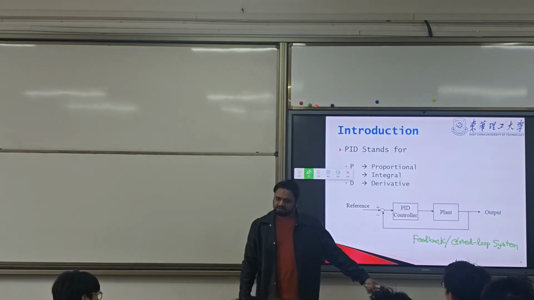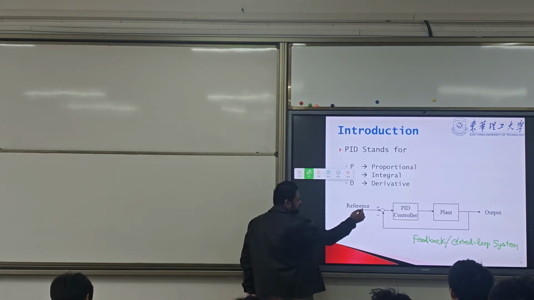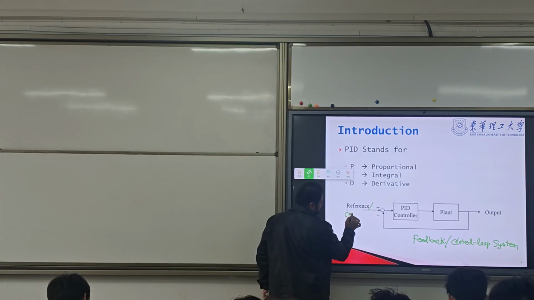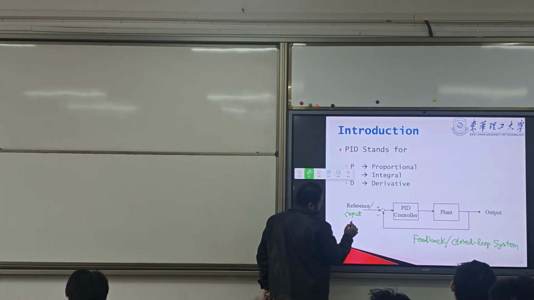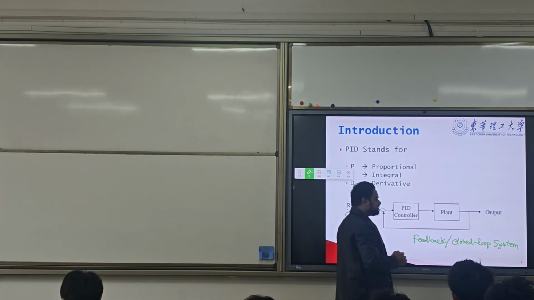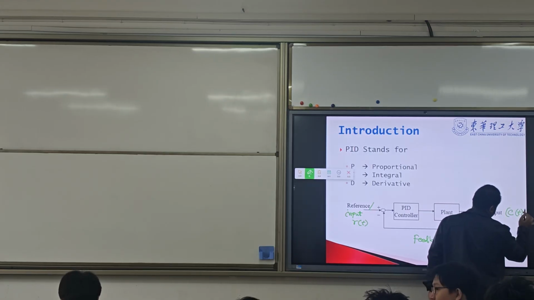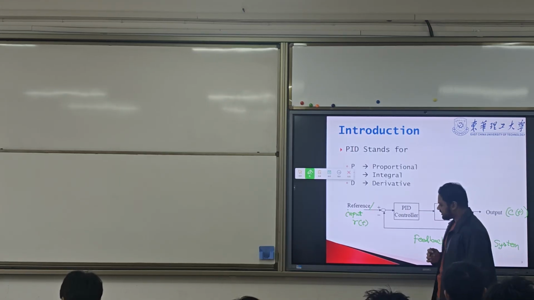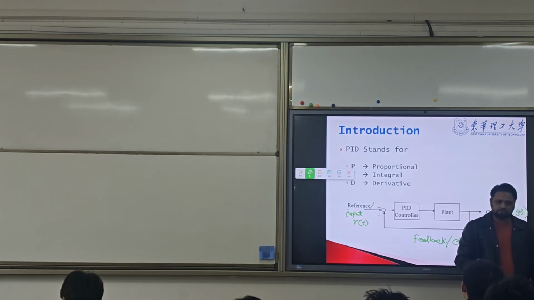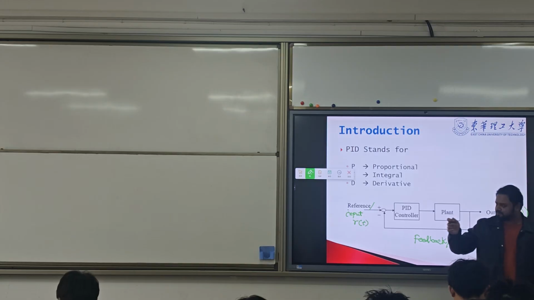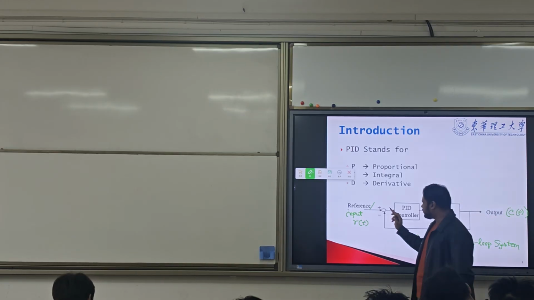What we have here is an input, which we call the reference input, R(t). Then on the output side we have C(t). Now in feedback control, what do we do? We feed it back to the input again by using this point.